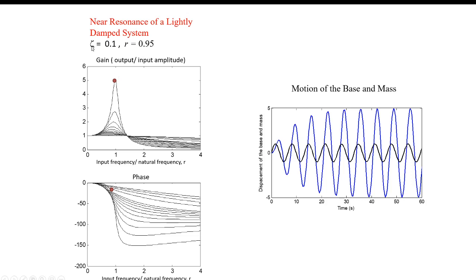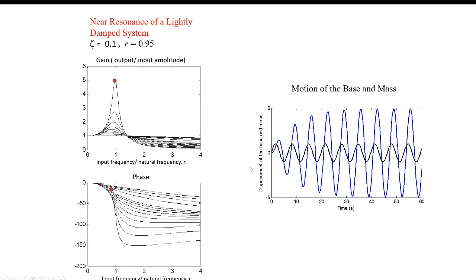Okay, and I chose zeta equal to 0.1, so this is a very lightly damped system. So when zeta is equal to 0.1 and the forcing frequency is 95% of the natural frequency, you have the gain nearly 5, close to 5, and the phase about 20 degrees or so.